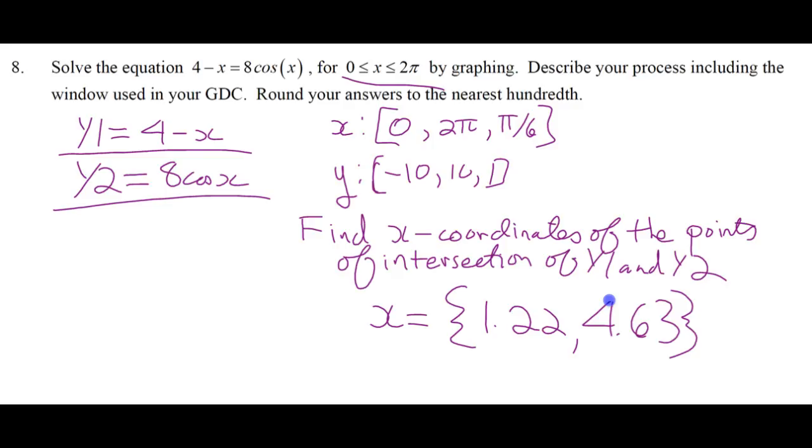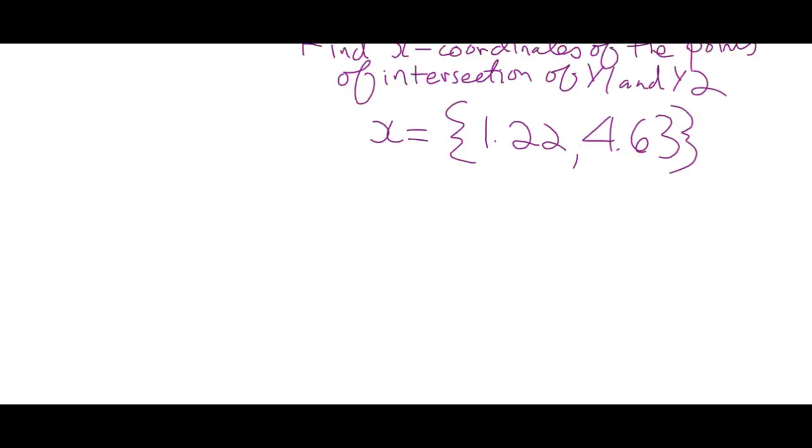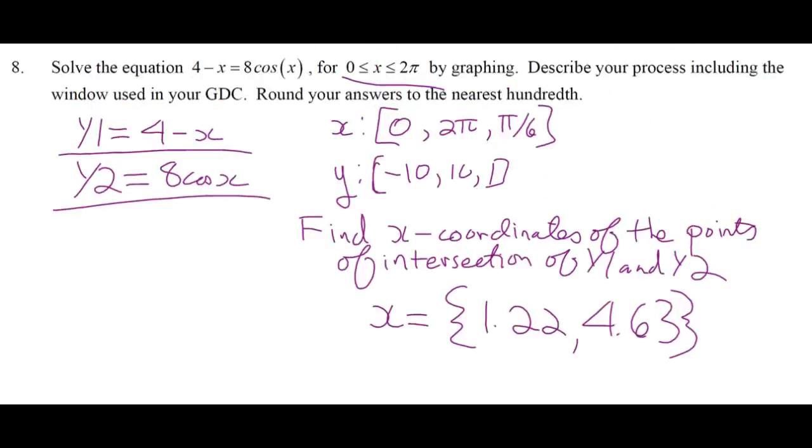Okay, so if you have any problems with rounding, if you've ever lost any marks on numeric response for rounding, let your calculator round for you if you're doing 2 decimals. Your other alternative is you could do y1 is equal to 8 cos x plus x minus 4.